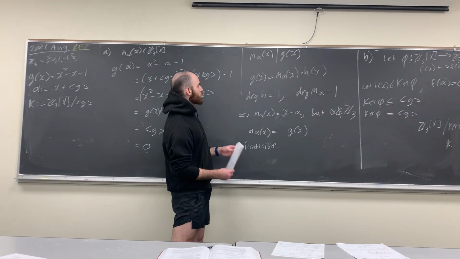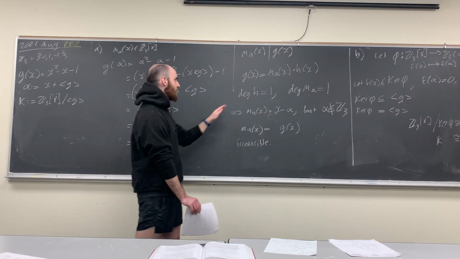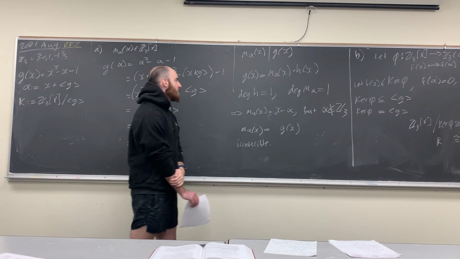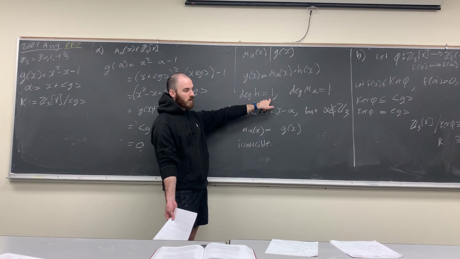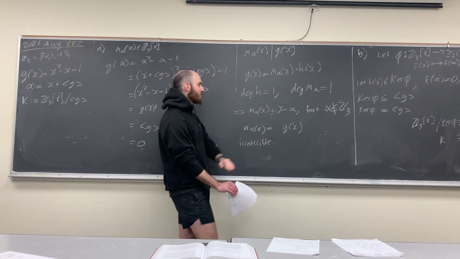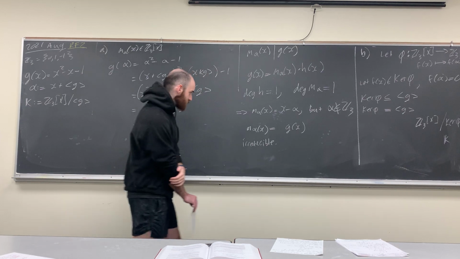Since alpha is a root, that means our minimal polynomial divides g, so we can factor g into the minimal polynomial times some other polynomial h. If h has a degree of 1, then that means the degree of the minimal polynomial for alpha is also equal to 1.